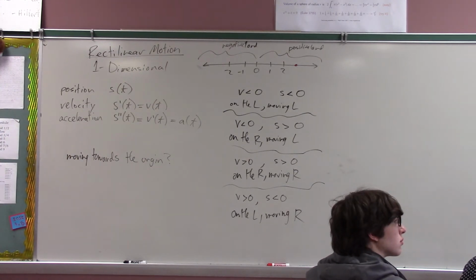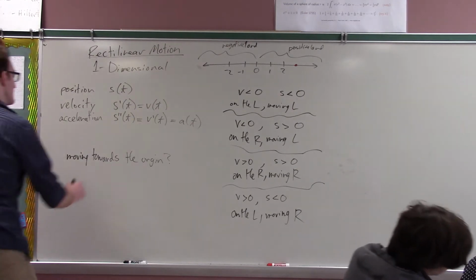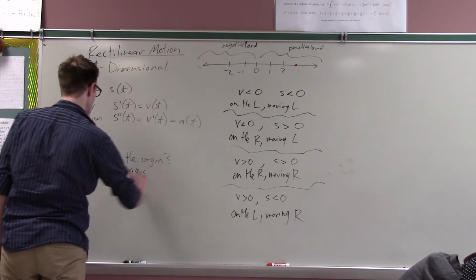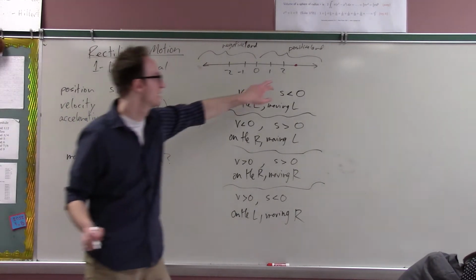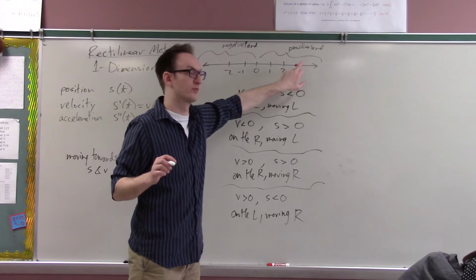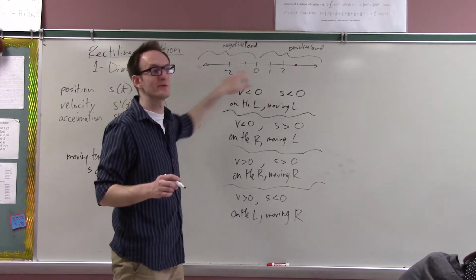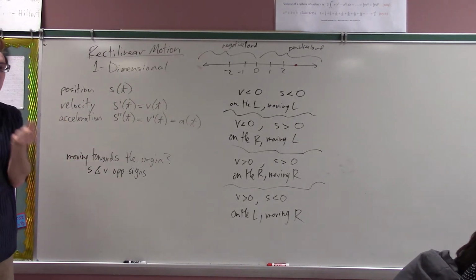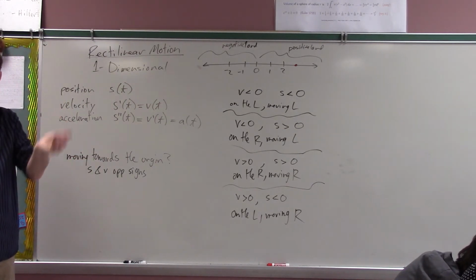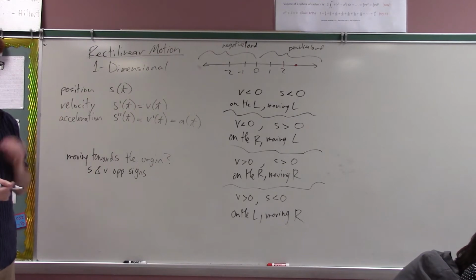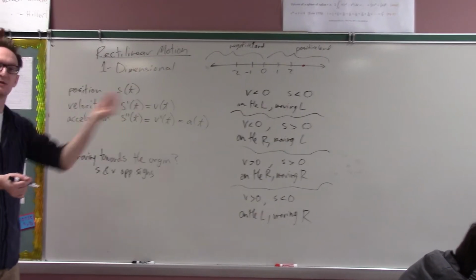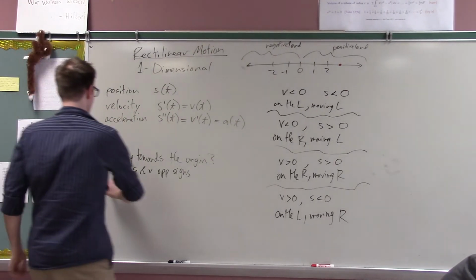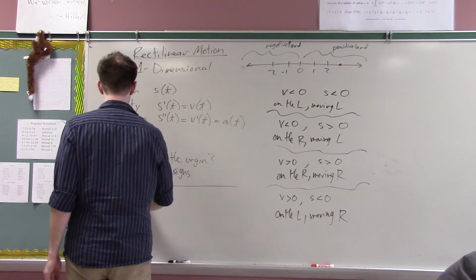Yeah, when S and V have opposite signs, because essentially I'm moving towards the origin when I'm either on the right moving left or on the left moving right. Right? It's when the velocity vector is pulling me in the opposite direction of the position vector. That's kind of how I think about it. I'm on the right, but I'm moving left, it means my velocity is the opposite sign of my position. Okay, cool.